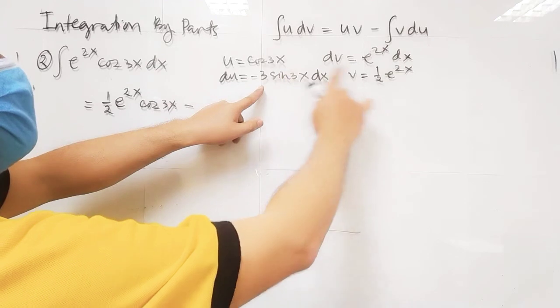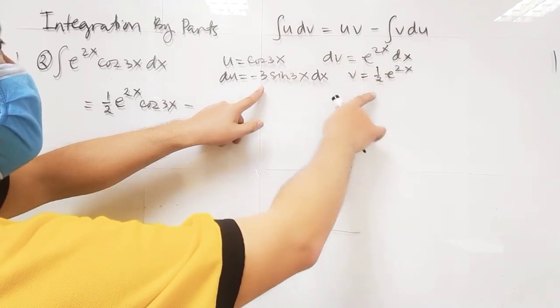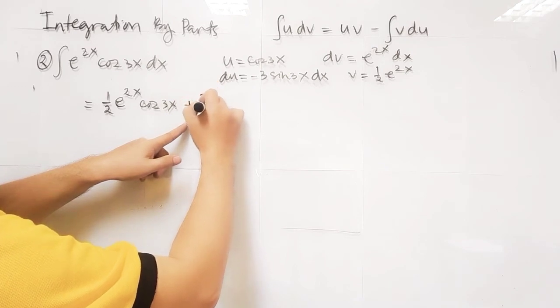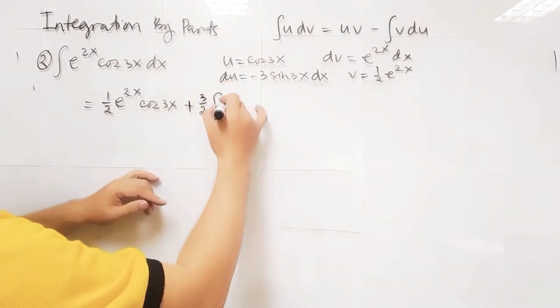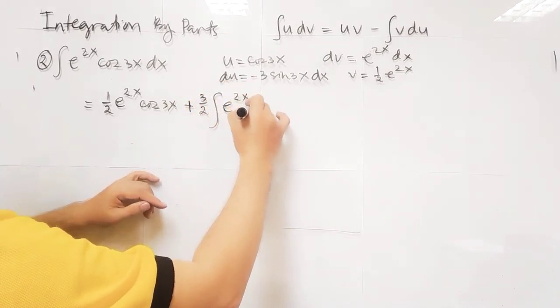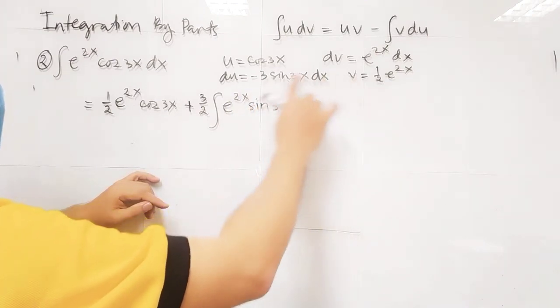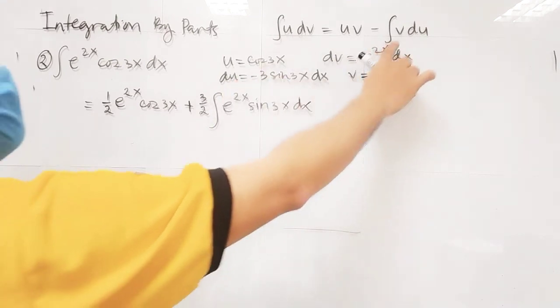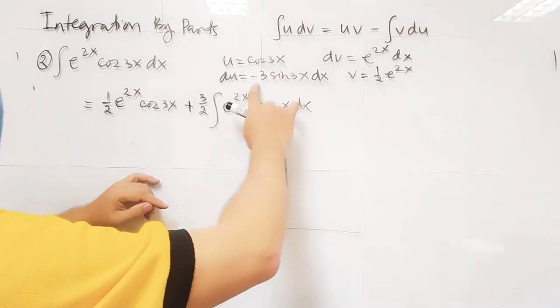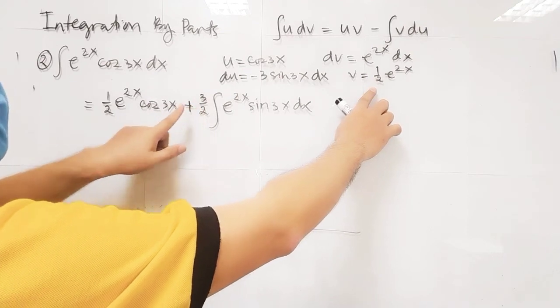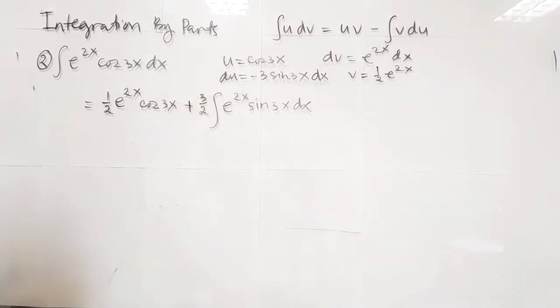Negative 3 and 1 half, 3 over 2, negative 3 over 2 times negative, this becomes positive 3 over 2 integral of e 2x sine 3x dx. You have your v du, so v du. Negative 3 times 1 half becomes negative 3 halves, times the negative, that becomes positive.